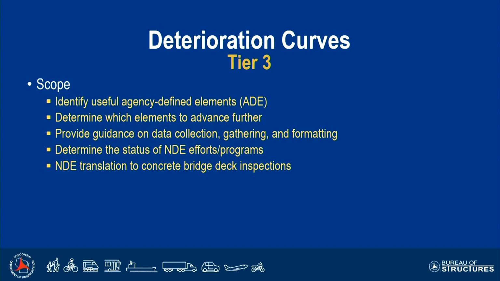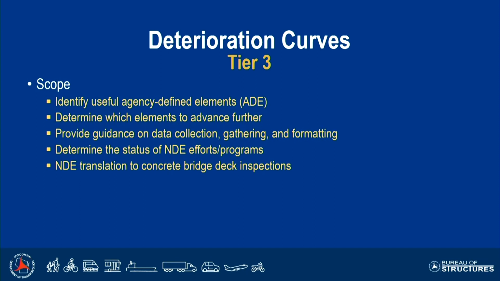For Tier 3, we were hoping for a little bit more analysis, but it turned out to be more of a survey of what's going on amongst the states. We identified useful agency-defined elements that were used amongst the states, determined which elements might be promoted further, and provided guidance on best practice of data collection, gathering, and formatting.